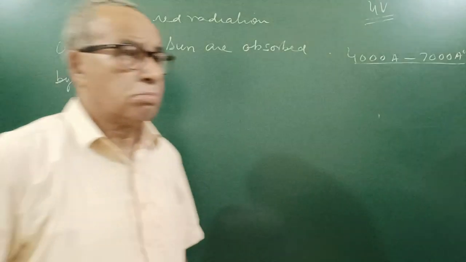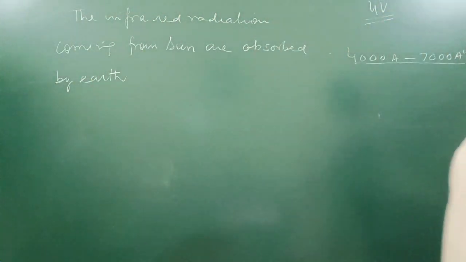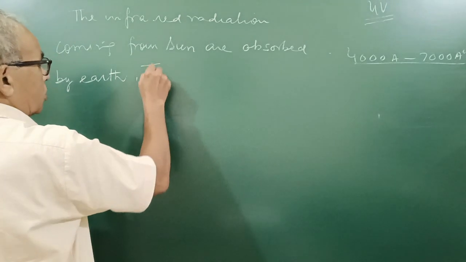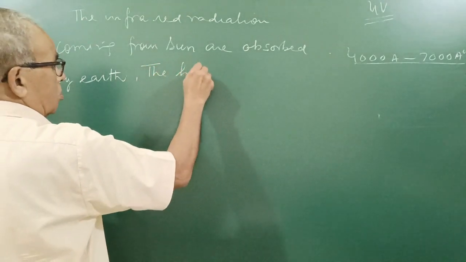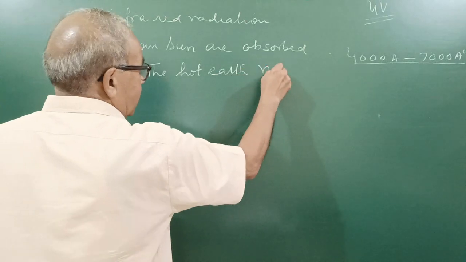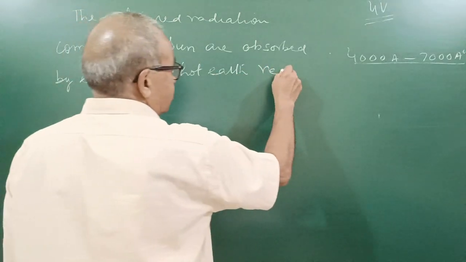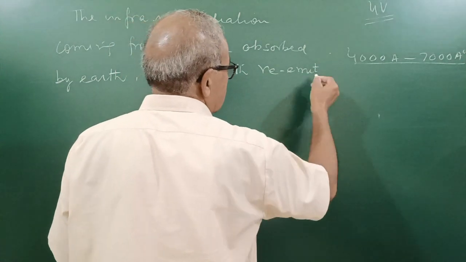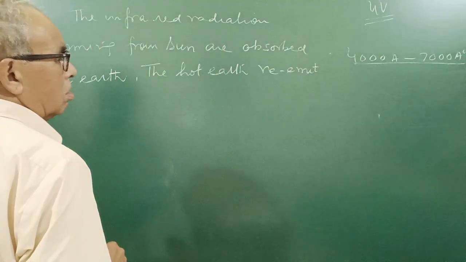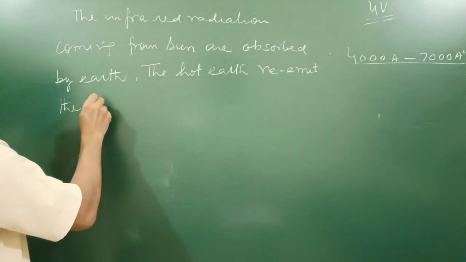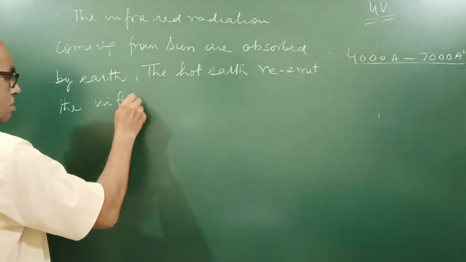Our buildings, the surface of the Earth, buildings also being part of the Earth. The whole Earth re-emits the infrared radiations.